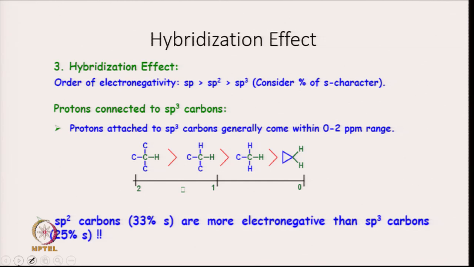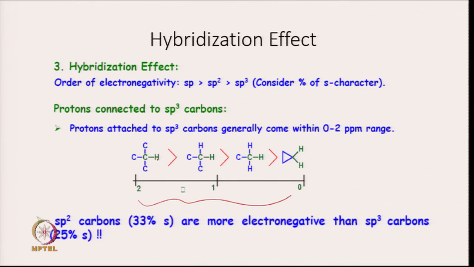So, if a proton is attached to an sp3 carbon, then the proton chemical shift is going to be in the 0 to 2 ppm range, and some values are given here.